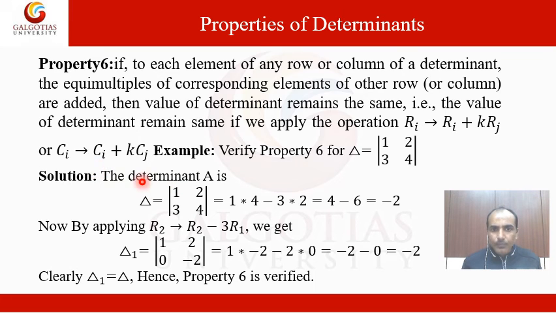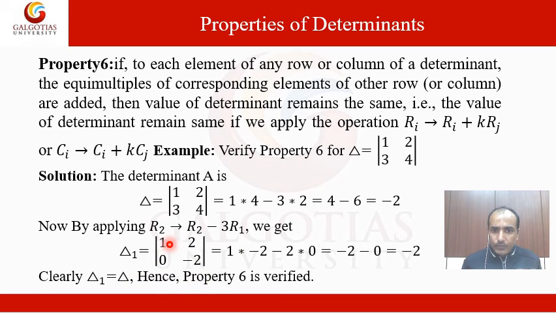With an example, let us verify property 6. As we know, the determinant of this is minus 2. Now we apply the operation R2 equal to R2 minus 3 times R1. That means we subtract 3 times the first row from the second row, and we get the determinant denoted by delta 1, which is 1 2 0 minus 2.